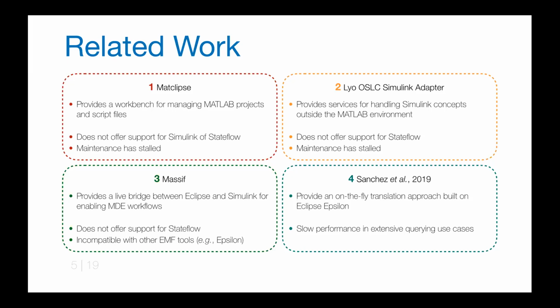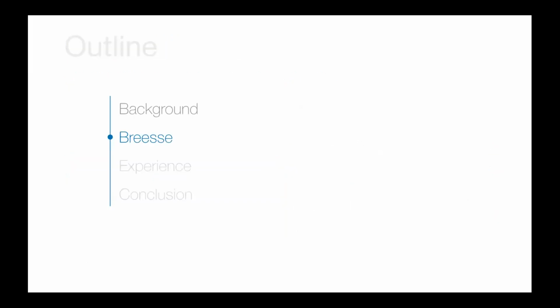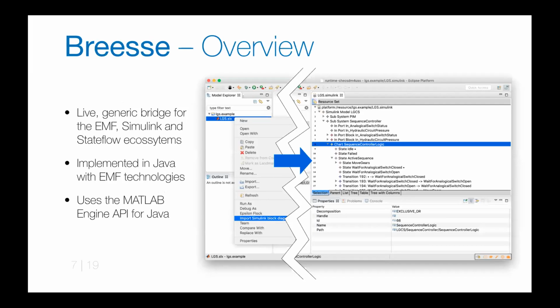And actually, Massive would be much better in those scenarios. So we based ourselves on Massive and we created Breeze to solve some of the issues that we found with Massive.